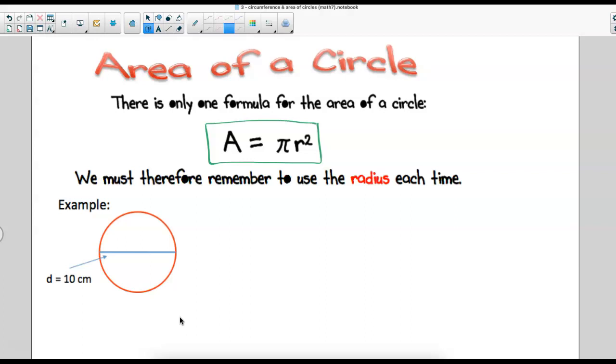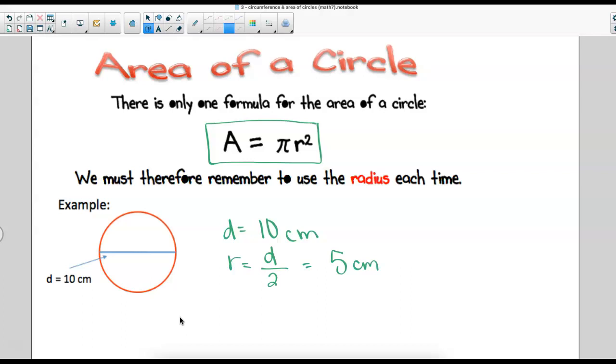So on this particular example, it says the diameter is 10 centimeters. If I want to find the area, I have to know the radius. So the radius of this circle would be 5, right? Because the radius is the diameter divided by 2, or half of the diameter. So the radius in this particular one is 5 centimeters.